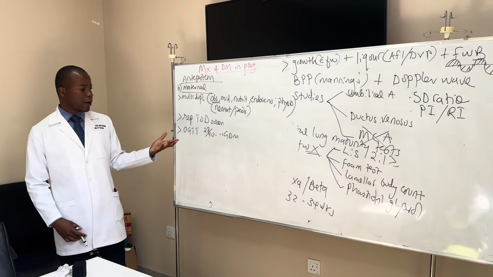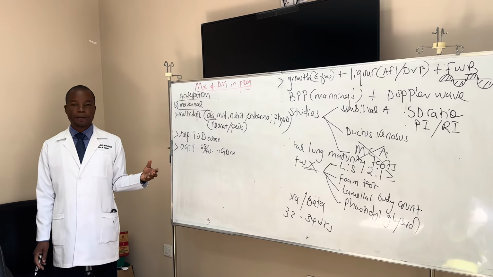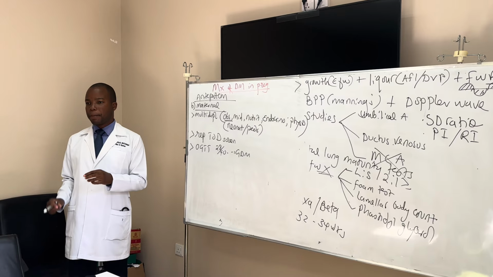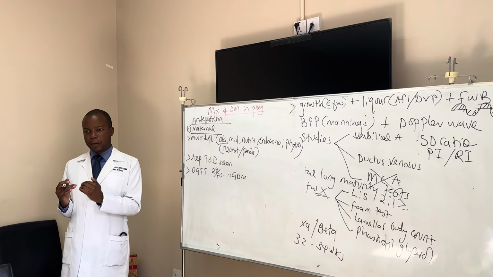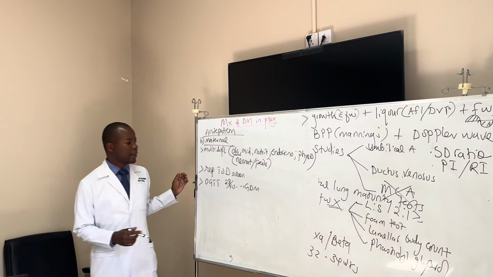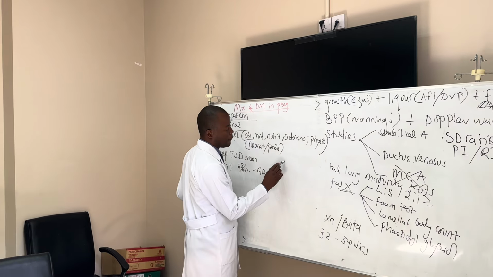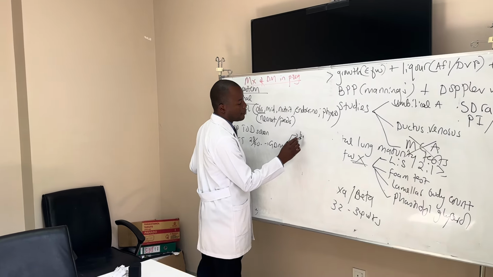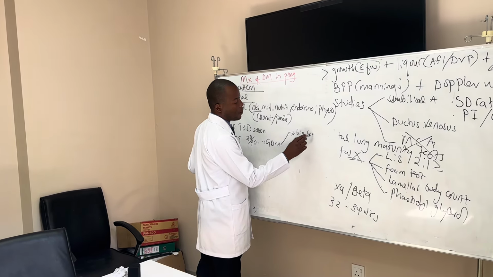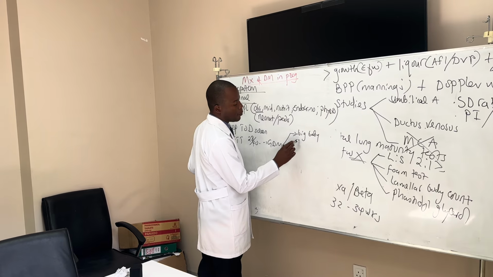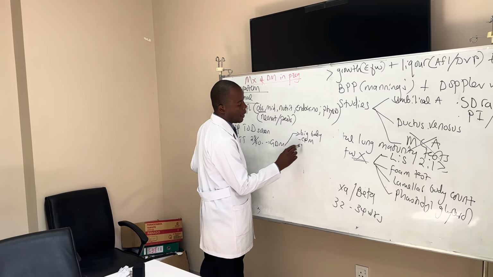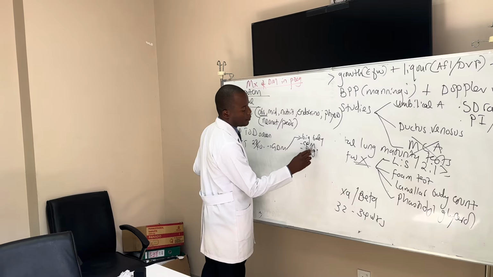Now, I didn't talk about GDM in terms of risks, because there are some people who already have some inherent risks. For instance, somebody tells you, the first pregnancy I had a big baby. I had a baby with congenital fetal malformations. I had polyhydramnios.